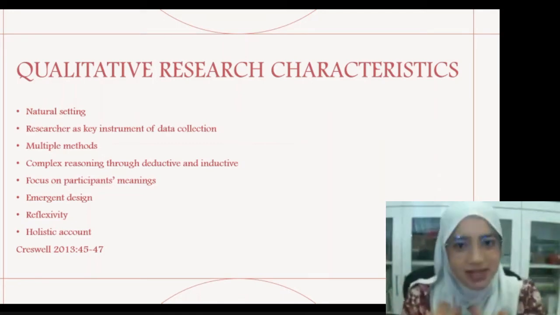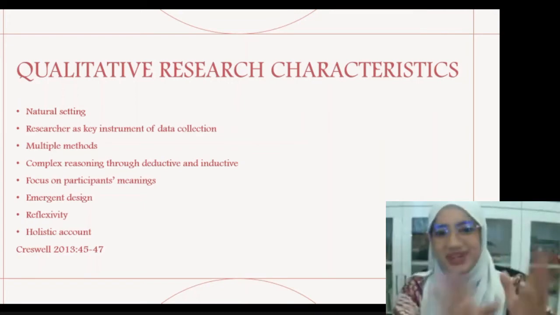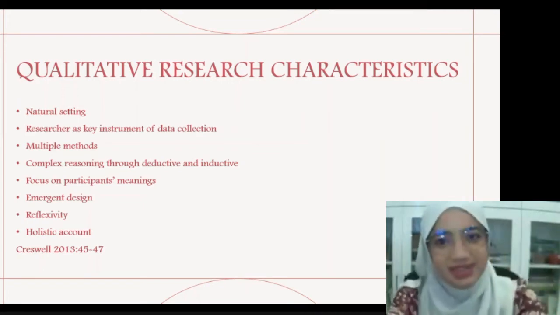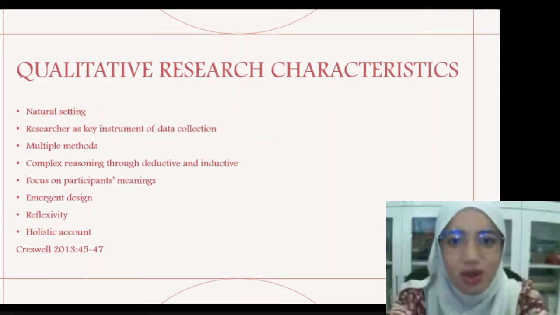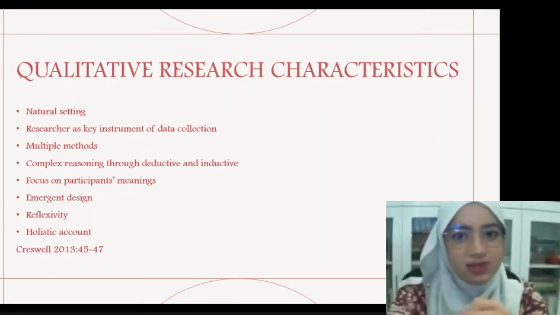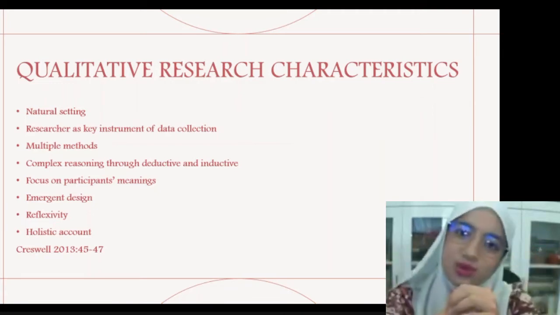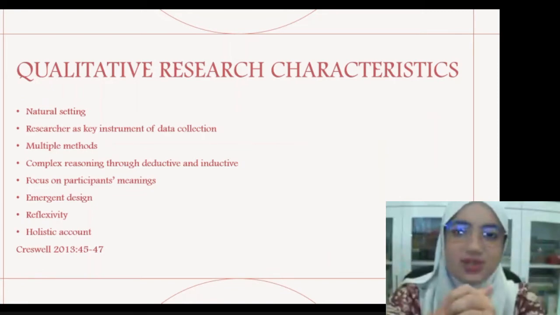Okay, but for us in qualitative research, we are the instrument. You are the instrument to do the research. So you and your quality as an instrument will determine the quality of the data, will determine the quality of your writing. So what do you do to make sure that you are the best instrument?